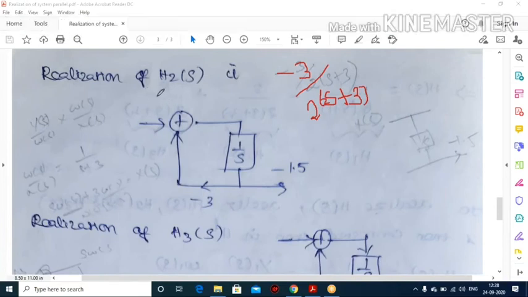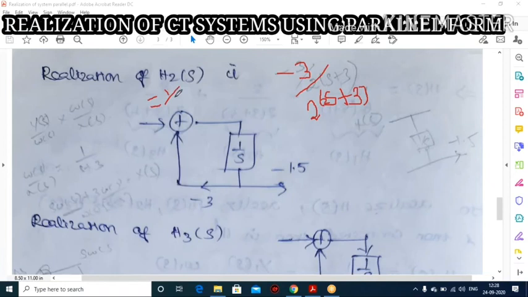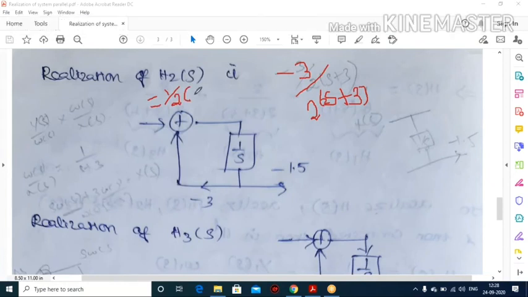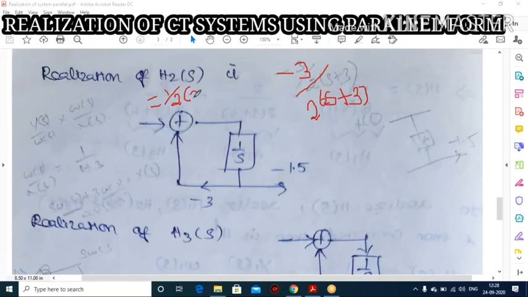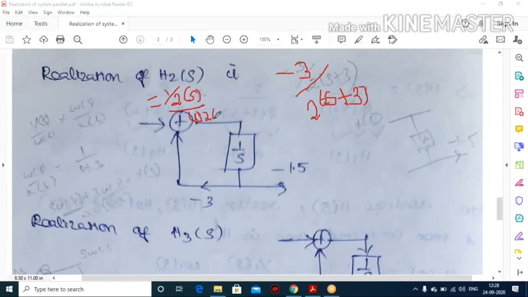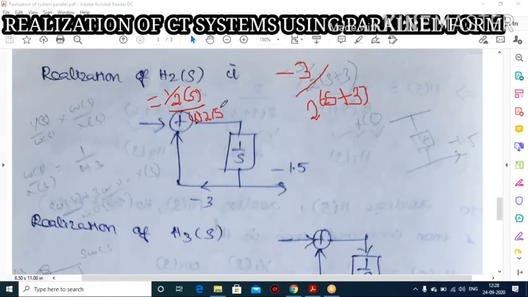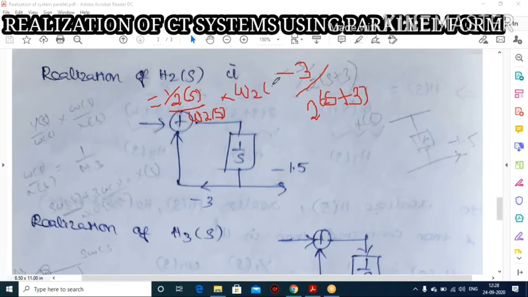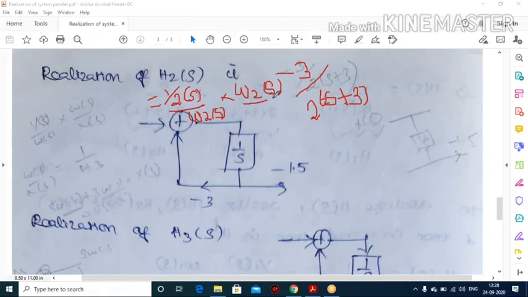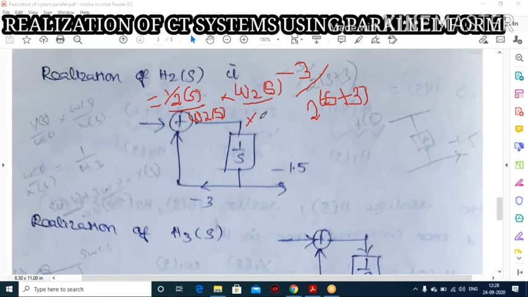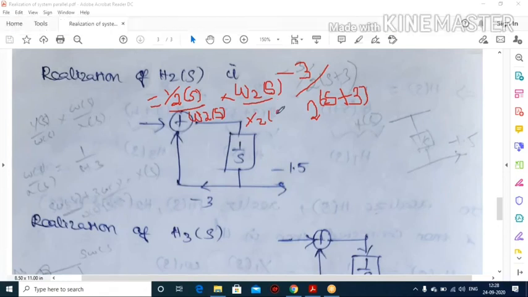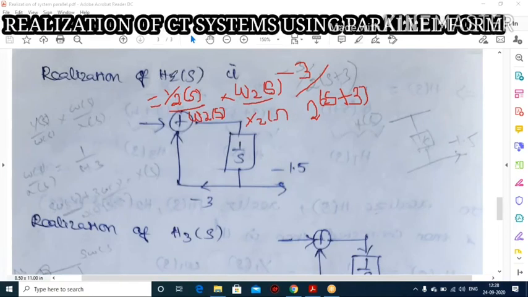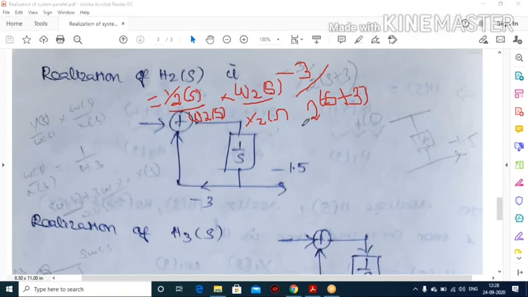So one is H2 of S, which is equal to Y2 of S divided by W2 of S, output by input, into W2 of S divided by X2 of S. Here W2 should cancel, meaning Y2 by X2, which is nothing but H2 of S. So you take it like this.